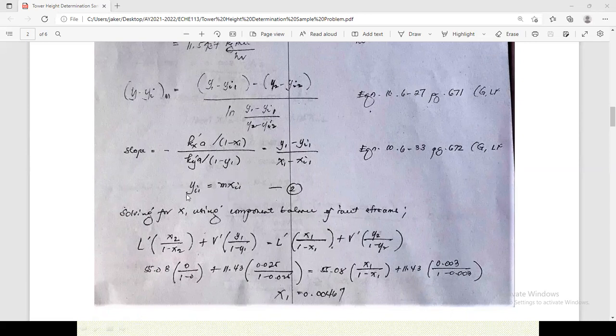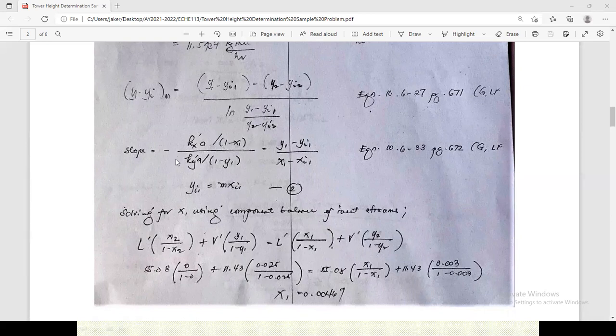We just change the y and the x to whatever pair we need. In this case, we need the concentrations at the interface at the bottom of the column, so we have y sub i1 and x sub i1.